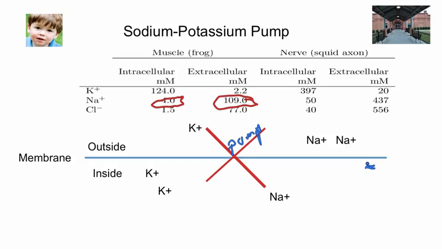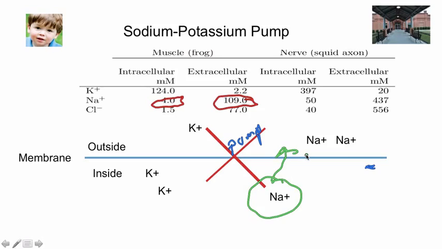Well, what the pump does is it attaches itself, it expends metabolic energy, and on the inside it looks around for sodium ions. The goal of the pump is to take the sodium ions from the inside here and to fling them out of the interior into the exterior.